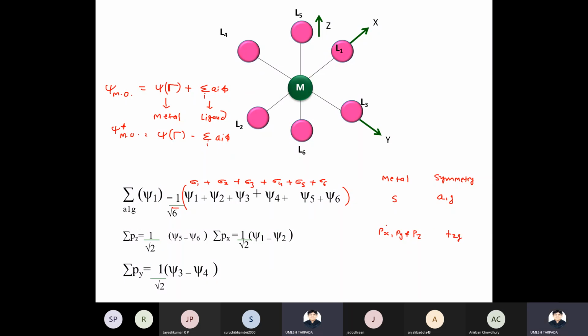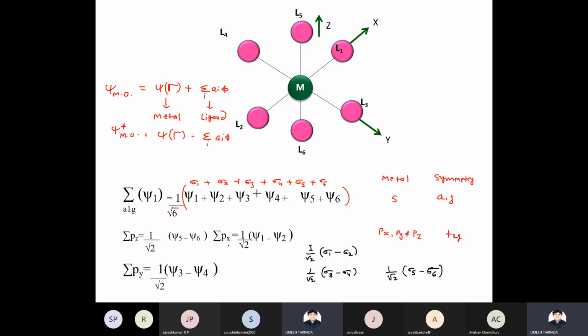This is 1 upon √2 (sigma 1 minus sigma 2), 1 upon √2 (sigma 3 minus sigma 4), and 1 upon √2 (sigma 5 minus sigma 6).